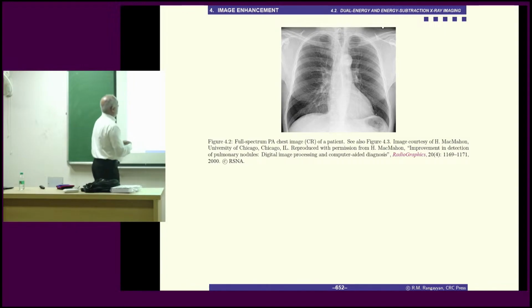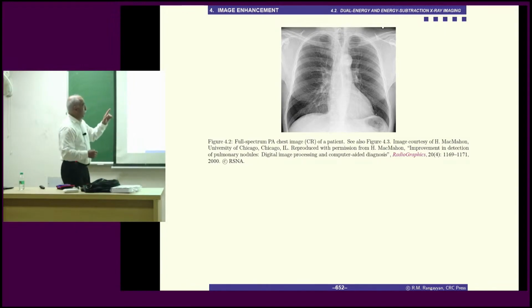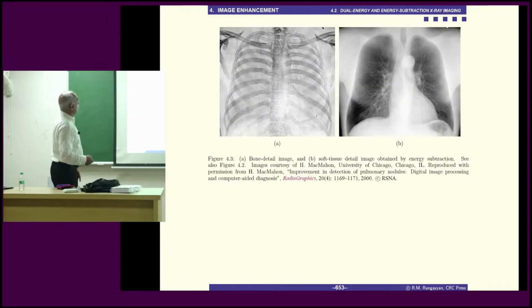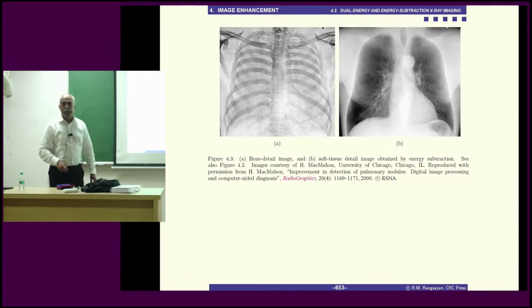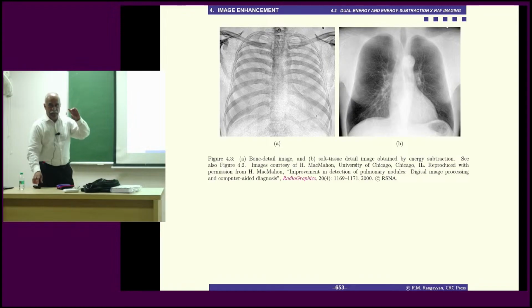So Dr. McMahon at the University of Chicago developed this, and this is the full spectrum chest image. So you see all the details, bones and ribs and some lung structure and the heart and diaphragm and all that. So this is the bone detail image, and this is the soft tissue detail image by energy subtraction of the two images obtained simultaneously.